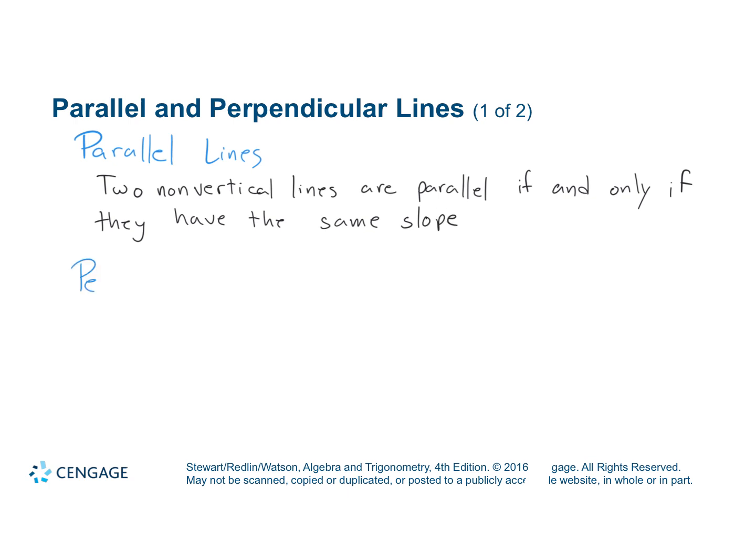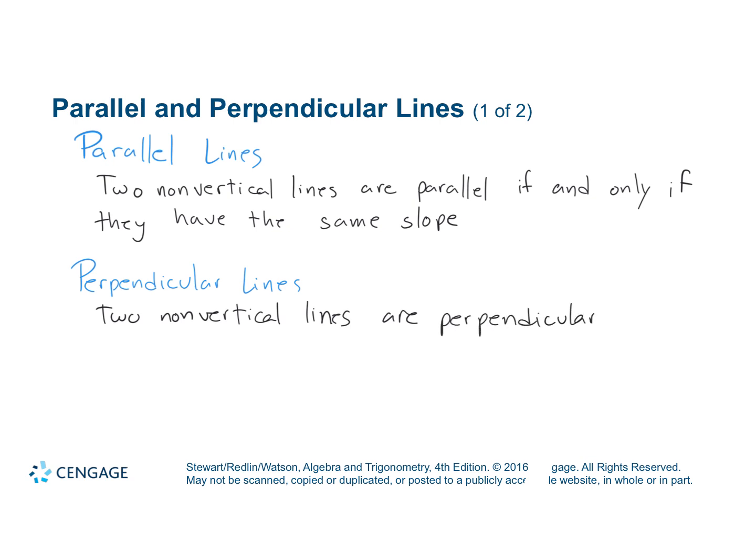We also have perpendicular lines. Again, two non-vertical lines are perpendicular if and only if they have negative reciprocal slopes.